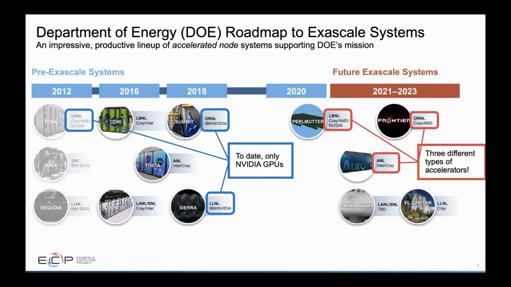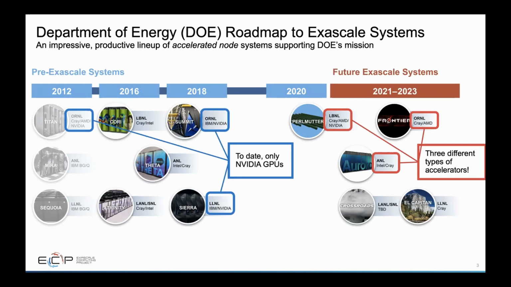So DOE, as you're aware, is building an impressive productive lineup of accelerated node systems supporting our DOE's mission. And starting from pre-exascale systems in 2012 through 2016, where we had systems like Cori at Berkeley Lab and Summit and Sierra at Oak Ridge National Labs and Livermore, which are our current top HPC systems, you can see that they're built with the OpenPOWER architecture with NVIDIA GPUs.